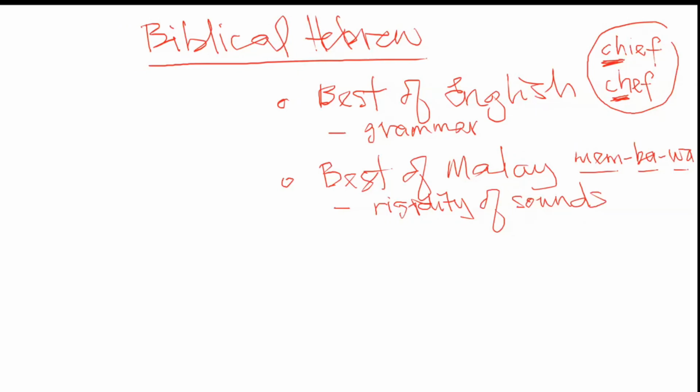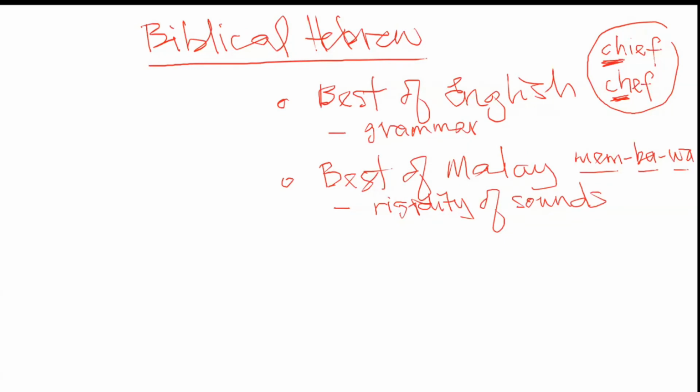So what is important that I want to highlight to you is that biblical Hebrew sounds are very rigid. When I am teaching you the syllables and the sounds of the biblical Hebrew language, I am using the Tiberian phonology, the way that the Tiberians would actually speak.